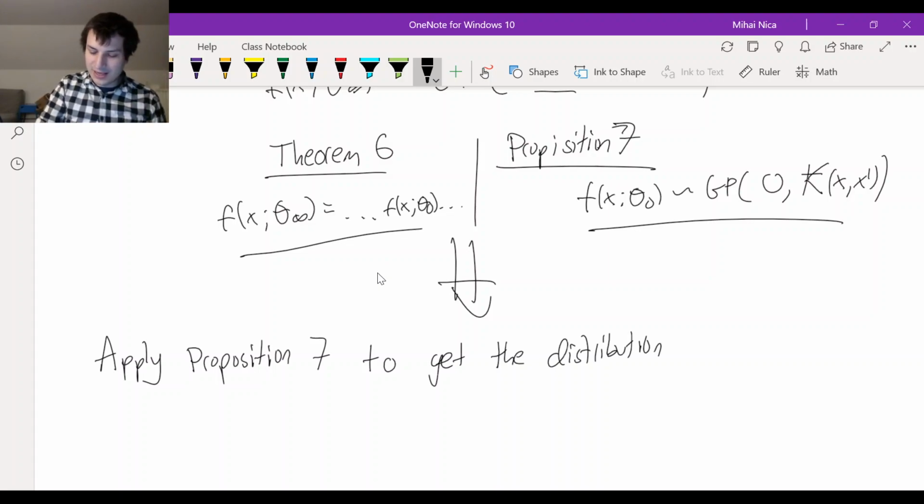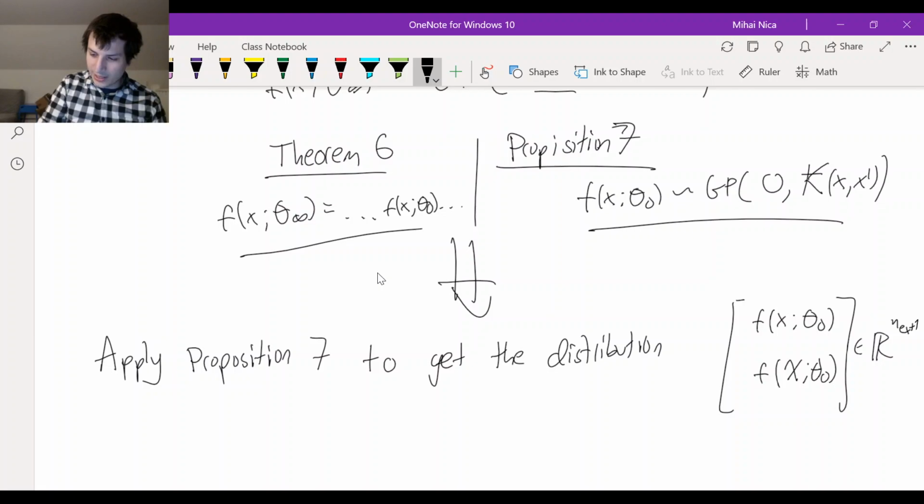So I'm going to look at this nx plus 1 vector, f of x theta 0, and then stack f of script x theta 0. This is a vector in R to the nx plus 1, where the top row is the point we're interested in, and down here is a vector of size nx, which is all the training points.